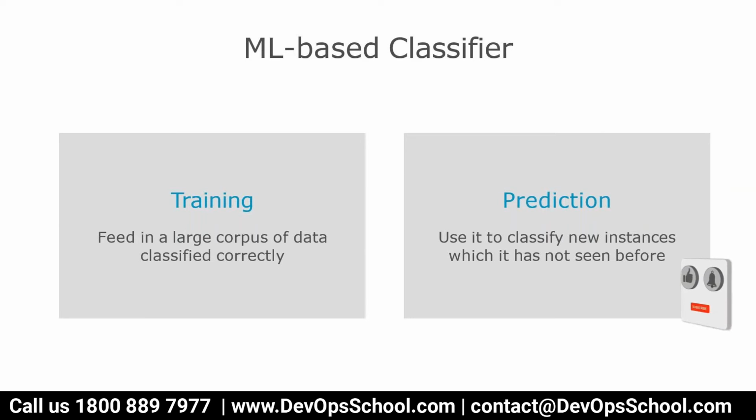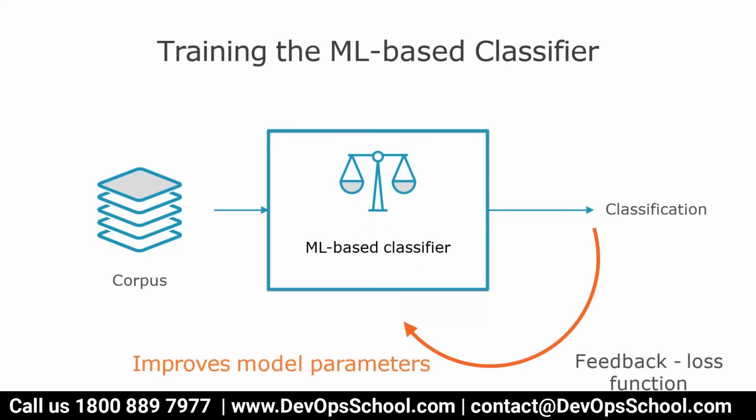So you need to train the model, feed it a large corpus of data, classify it correctly, and then use prediction to classify new instances which it has not seen before. That is how you keep doing it. You have a corpus of data, then an ML-based classifier, and then a classification of whether it's a mammal or fish, and you keep improving the work based on feedback.